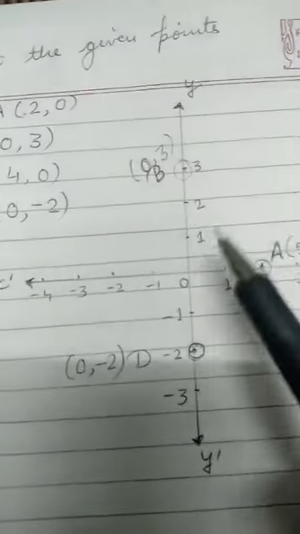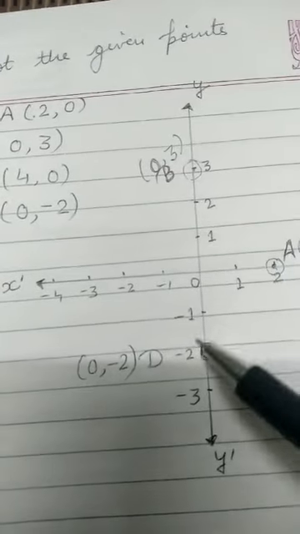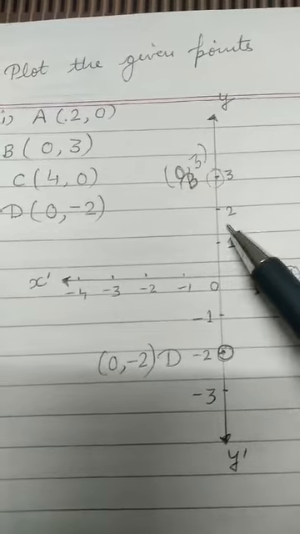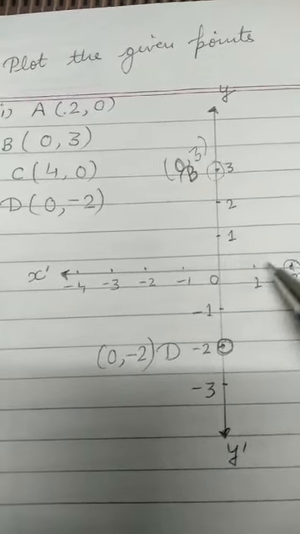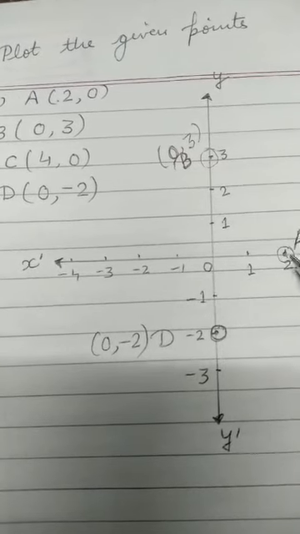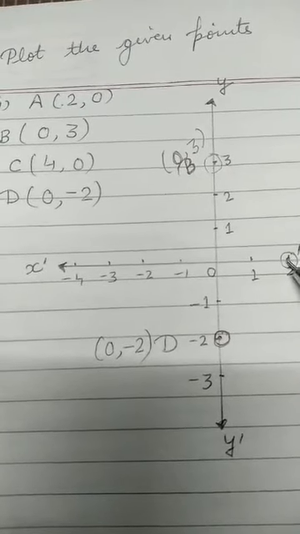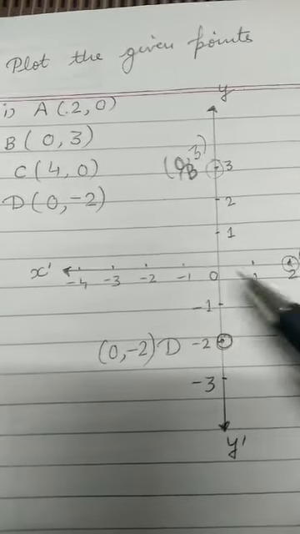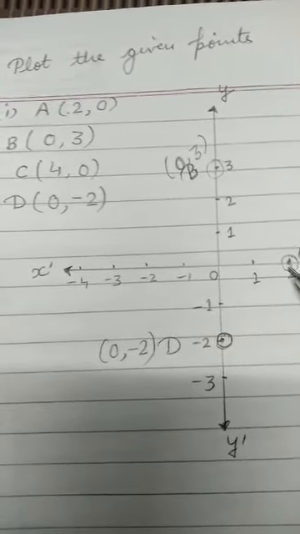Now look, this is the y-axis. Now perpendicular distance of this point from y-axis is how much? 2 units. So this is 2 units this side, and the perpendicular distance of this point from x-axis is 0.